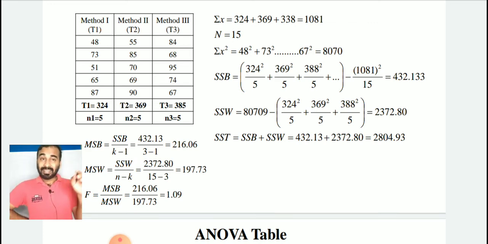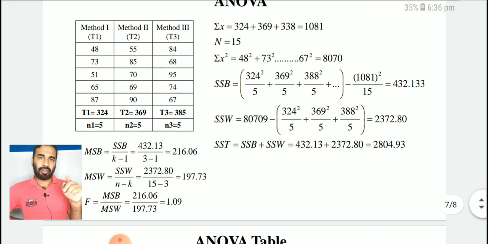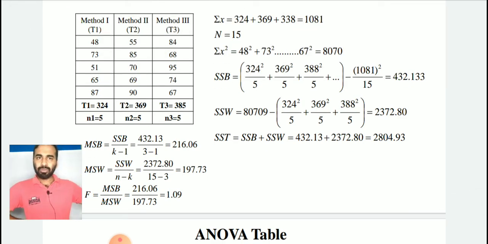Then what is sigma x square? 48 square plus 73 square plus 53 square, up to 67 square. It will be around 80,709. So we got sigma x square. Then what is SSB?